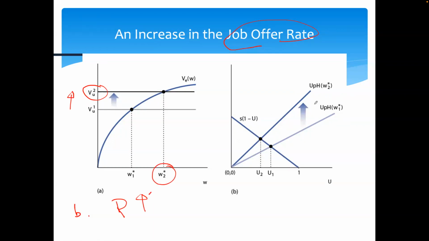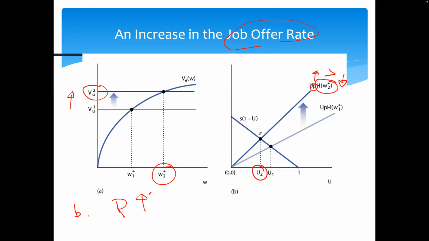So now, interestingly, you're going to have two effects. Number one, this P is going to increase, and number two, this is going to decrease. Here, we just consider the case where the increase in P dominates the decline in H of W, meaning the unemployment rate is going to drop.